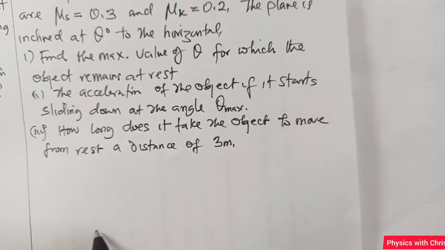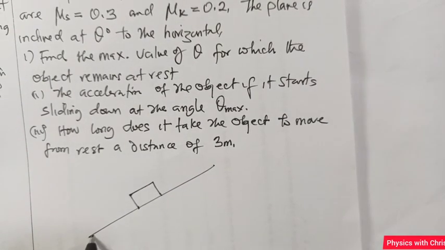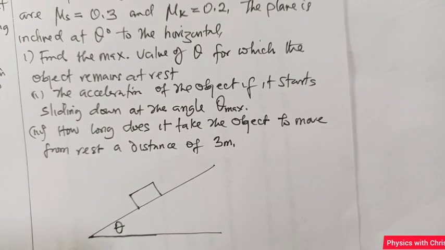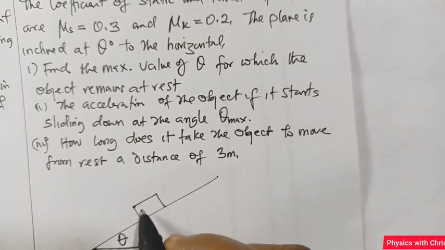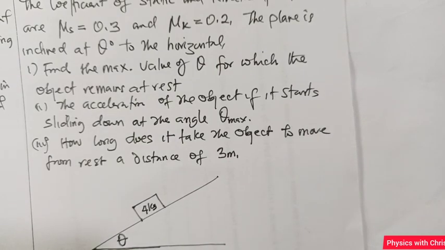Okay, let me quickly show you a picture of this body at rest on a plane that is inclined at angle theta degrees to the horizontal. Now the mass of the body is given, 4 kg. And we can draw the free body diagram, showing all the forces acting when this body is at rest.